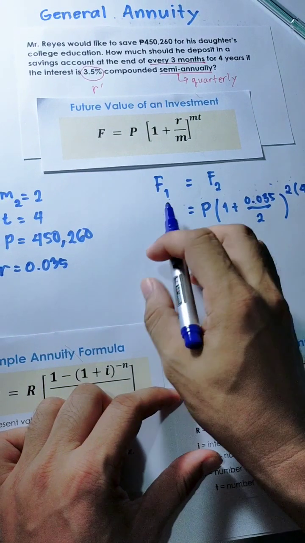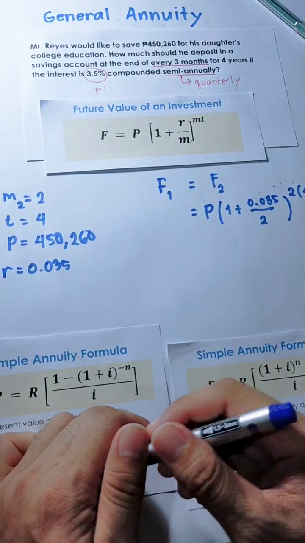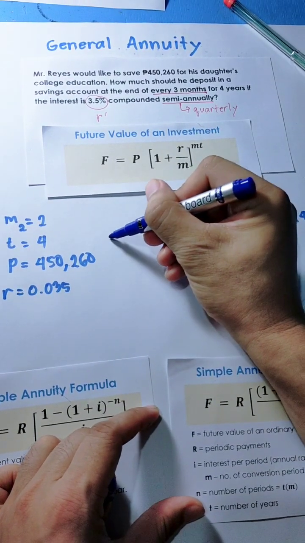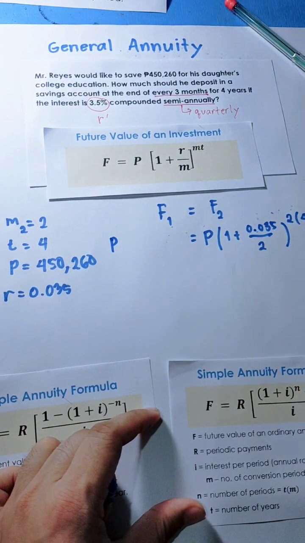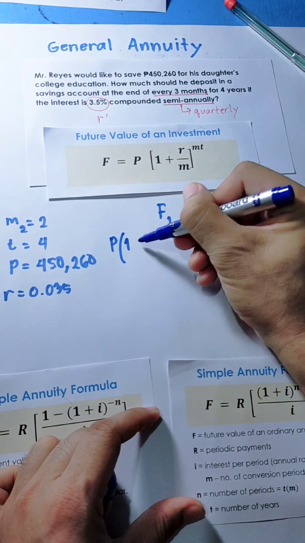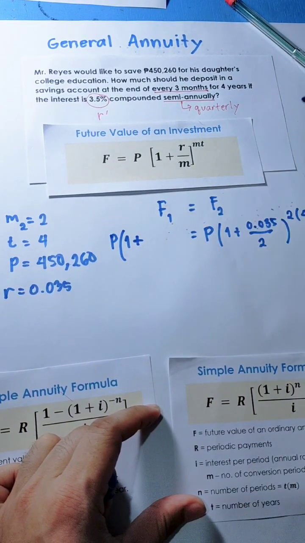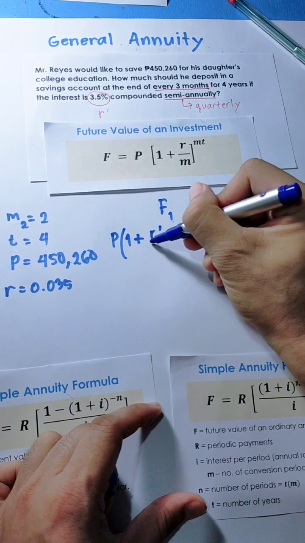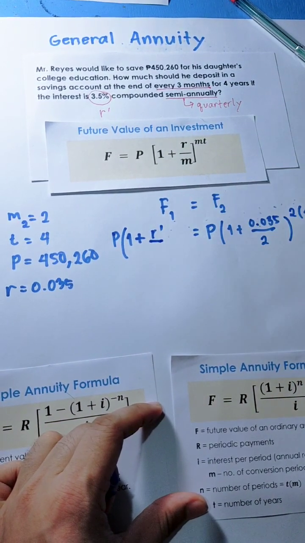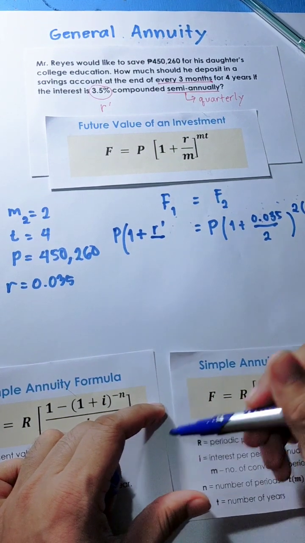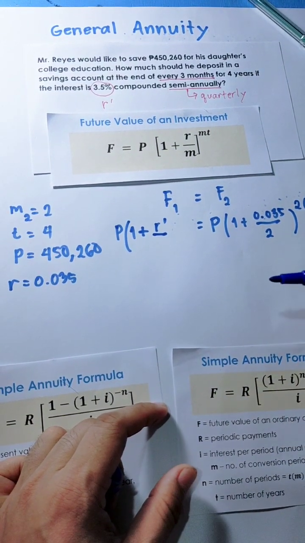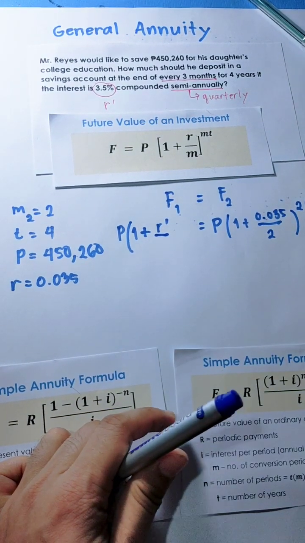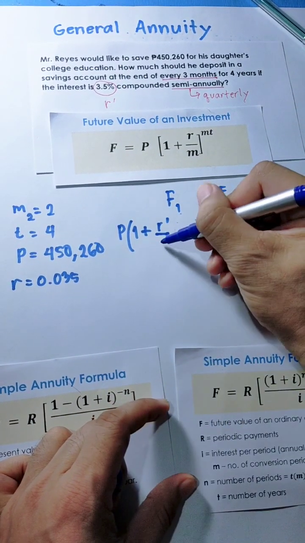For this side, what shall we do here? Now here we have the same P, and then 1 plus our rate, which is now R prime, over the quarterly compounding. Quarterly means 4 times a year, so that's over 4.